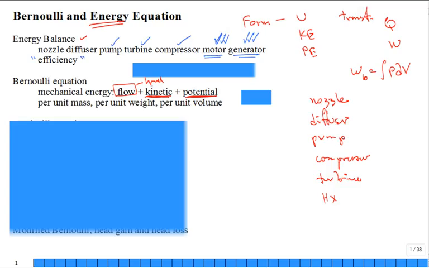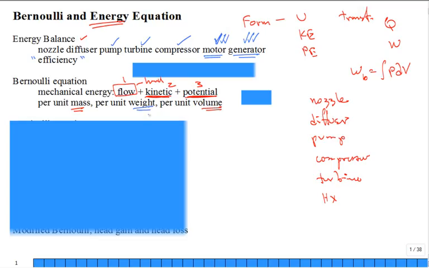And then to make things not only complicated because we're thinking about three types of mechanical energy of a fluid, especially as it flows, we can also talk about that energy on a per unit mass basis, on a per unit volume basis, and even the hard one, the per unit weight basis.